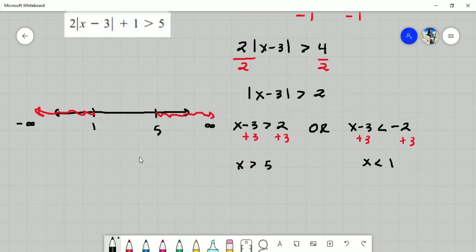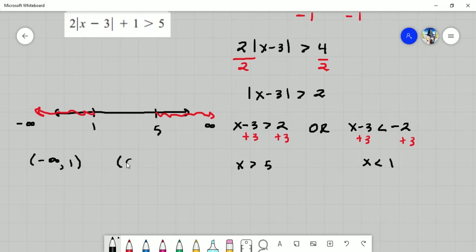So with that, for our first half, our solution will be from negative infinity to a positive 1. And then the second half will be from 5.